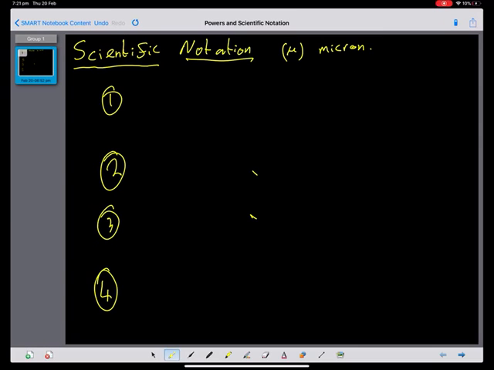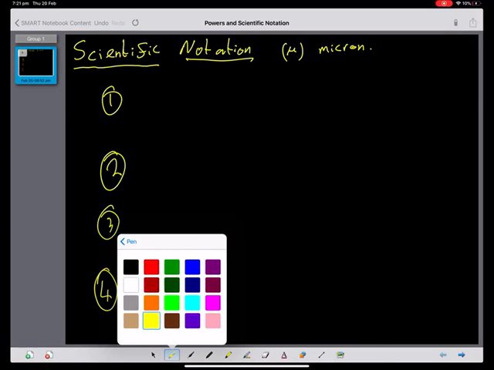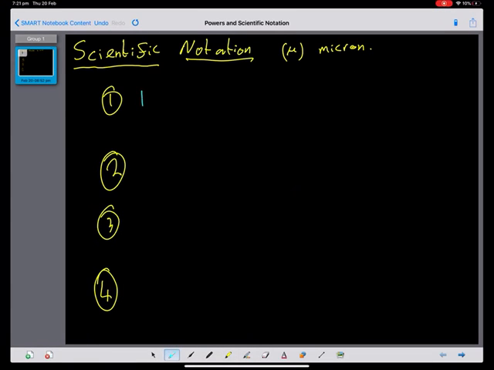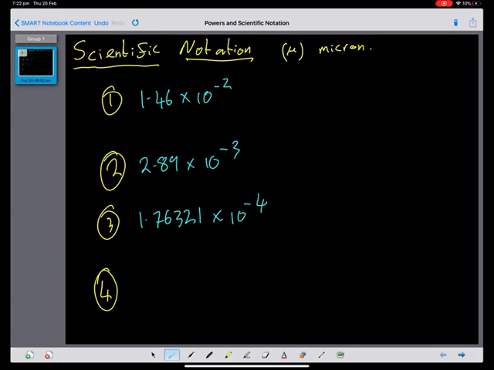Again, I'll do the first and last, and you do the ones in the middle. Okay, let's use different color. Let's do 1.46 times 10 to the negative 2. Let's do 2.89 times 10 to the negative 3. Let's do 1.76321 times 10 to the negative 4. And let's do 1.6999 times 10 to the negative 5.